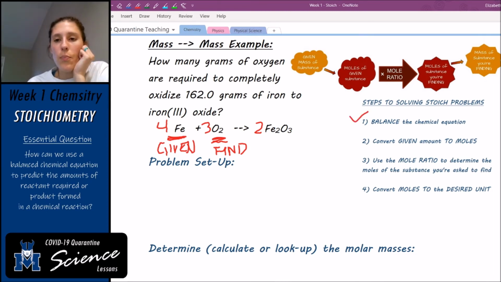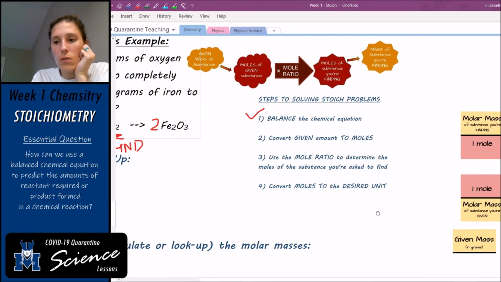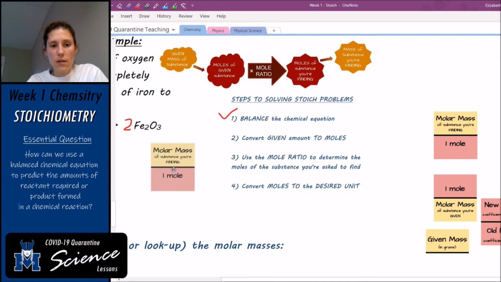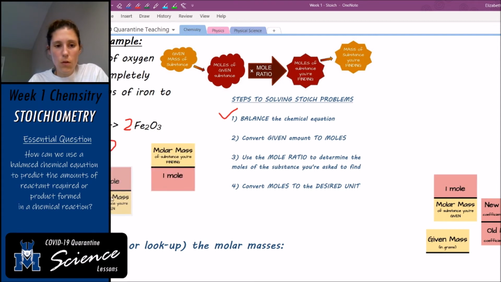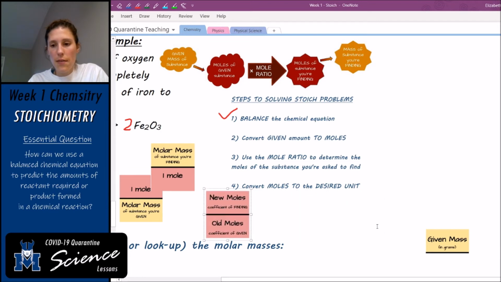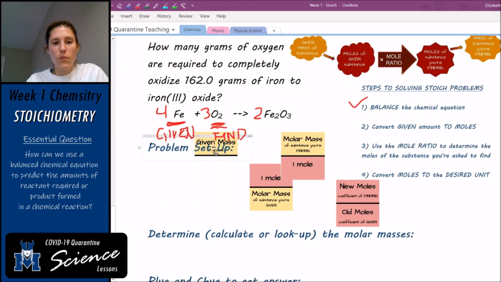Okay, and we're going to set up our problem. So setting up the problem, I need to go into my typing mode so I can get these guys over here. Let's drag these over, and I'll set this up. In this problem, you are given mass in grams.